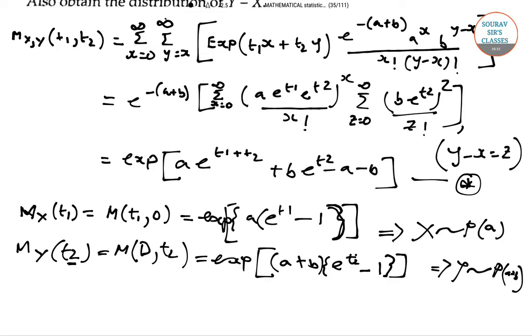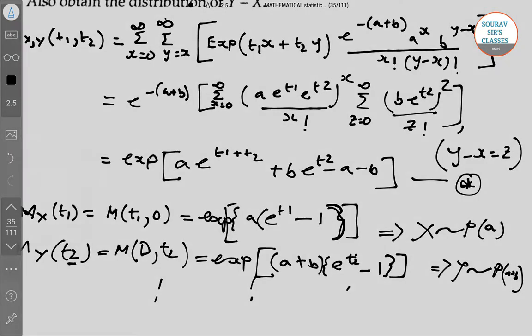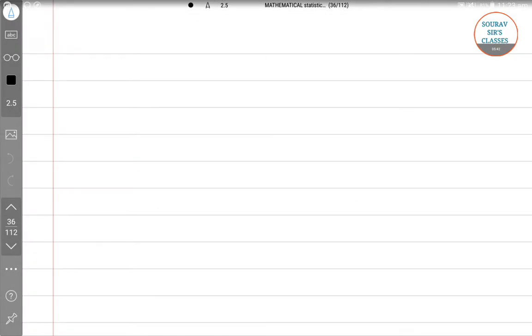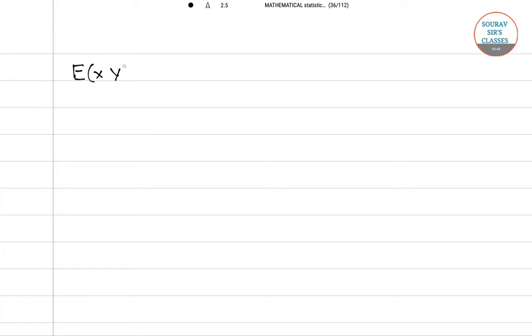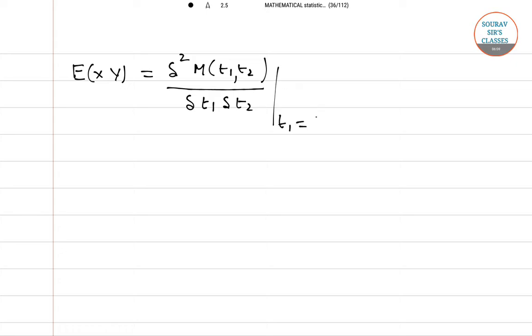Now from here we can find the expectation, which we'll do on another page. Now we can write the expectation of xy equals the second partial derivative of M(t1, t2) with respect to t1 and t2, where t1 equals t2 equals 0, which is equal to a square plus ab plus a.